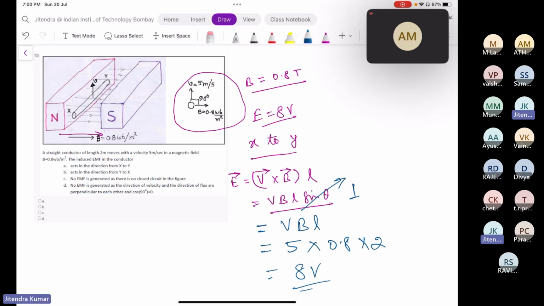So V cross B, and yeah, your X terminal will become positive. Let me write. This is the polarity of EMF. Am I correct? If this is the conductor, and you are asked about the polarity of the EMF, is this correct?